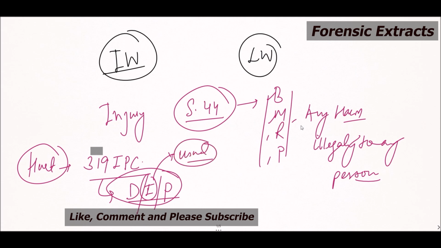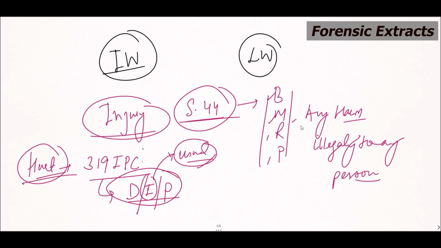If some organ or any part of the body is not able to perform usual functions, this is known as infirmity. So this is the definition of injury in section 44 of the Indian Penal Code, and the definition of hurt, that is section 319 of the Indian Penal Code.